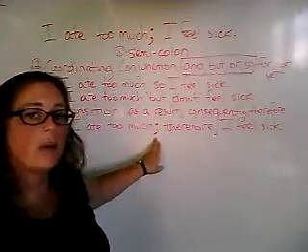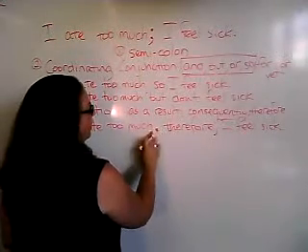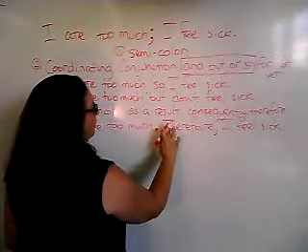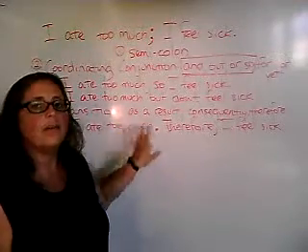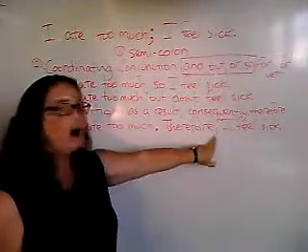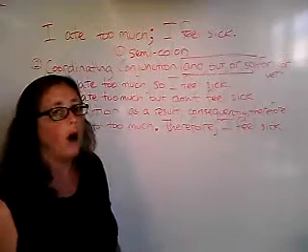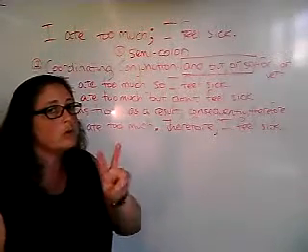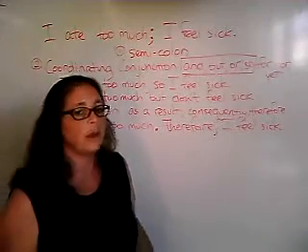You can use a semicolon, or you can use a period, capital letter. So, semicolon or period to separate the two different ideas, and a comma to separate the transition from the clause. So 2 points of punctuation you need to include if you use a transition.